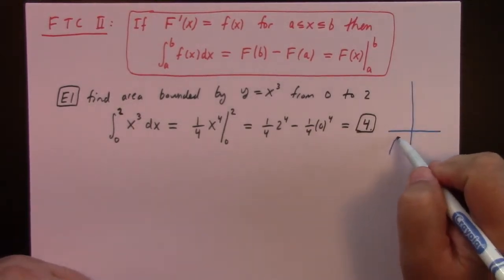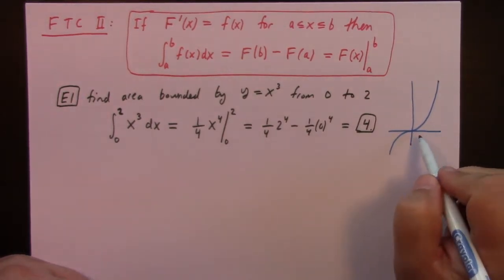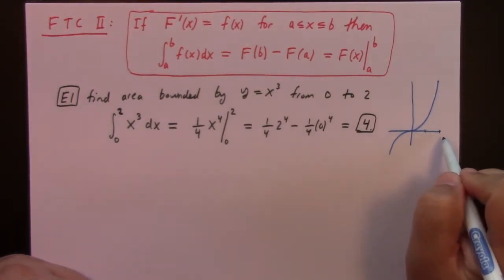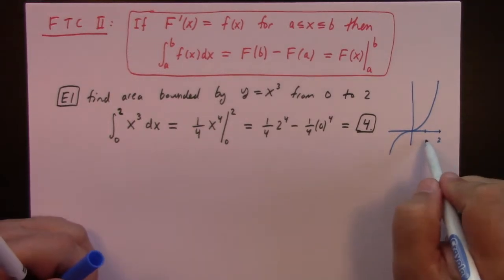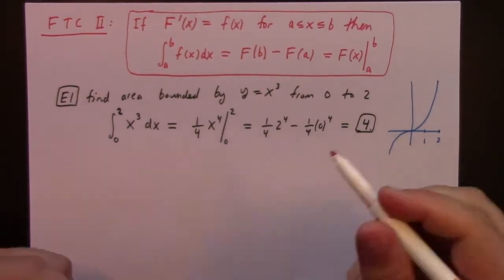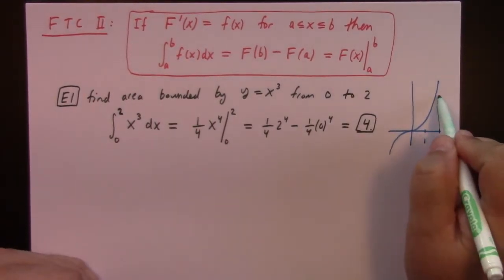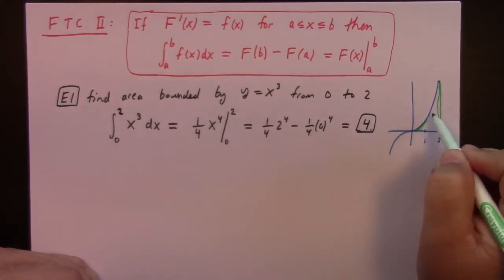Because y equals x cubed is this kind of grandiose function, and we have just calculated not an approximation, but an exact account of the area from 0 to 2, this area up in here.